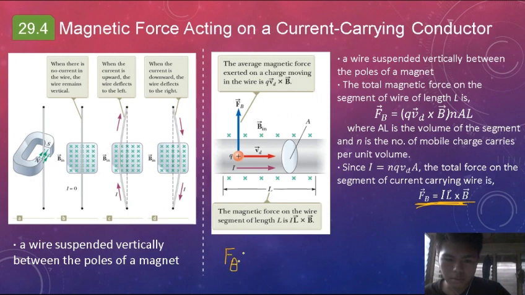We can also derive this equation from the magnetic force equals charge times velocity times the magnetic field.